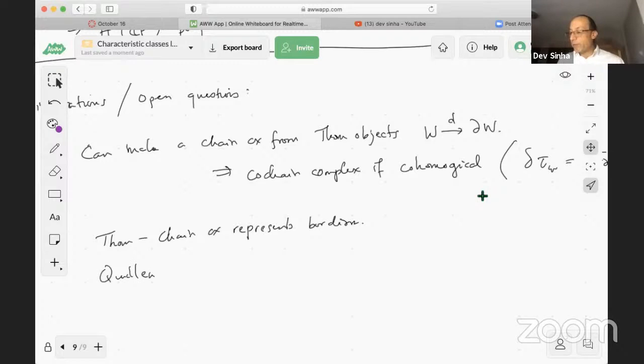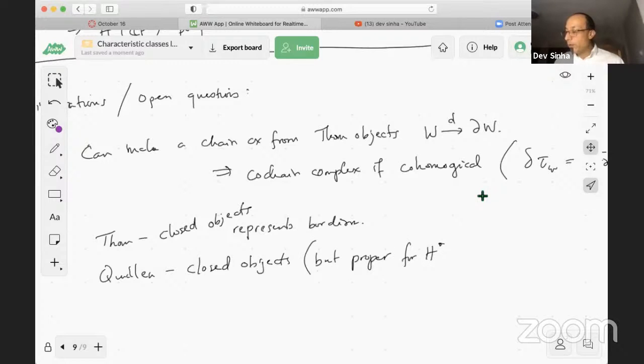Quillen used these objects, the closed objects, in cohomology, closed in the sense of no boundary, but not closed in the sense of compact with no boundary.